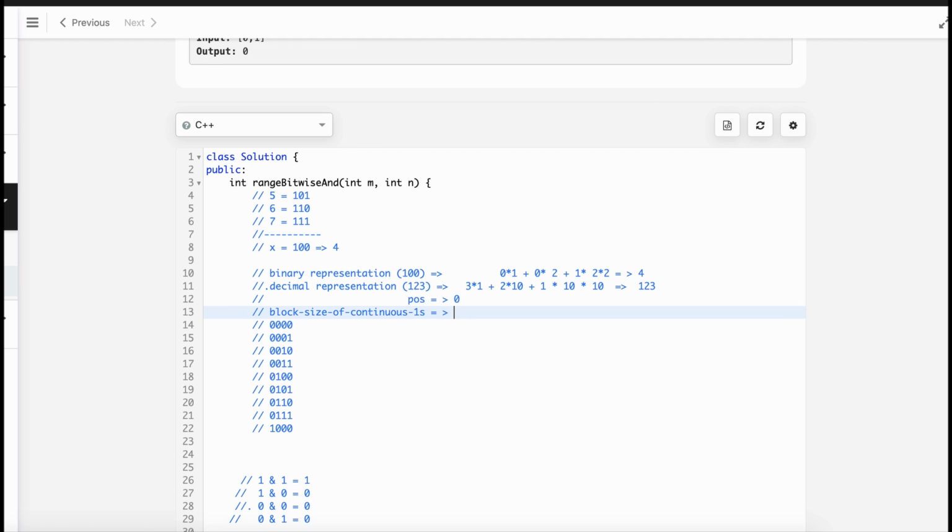In 0th position, the total block of ones will be of size one, and in first position the total block will be of size two. In third position the total block will be of size four, and in fourth position the total block will be of size 8, which is going like powers of 2. It is like for ith position the total block size of continuous ones will be 2 to the power i.